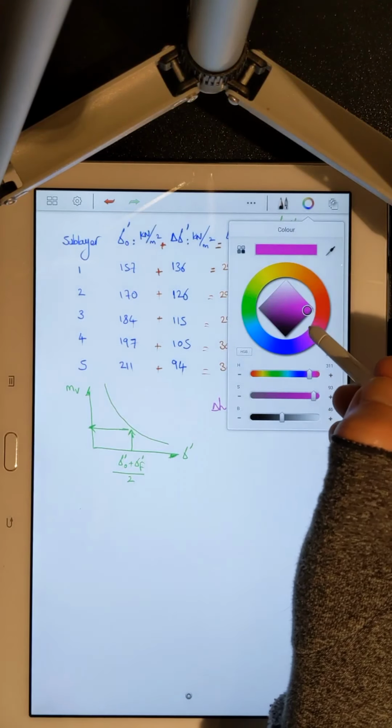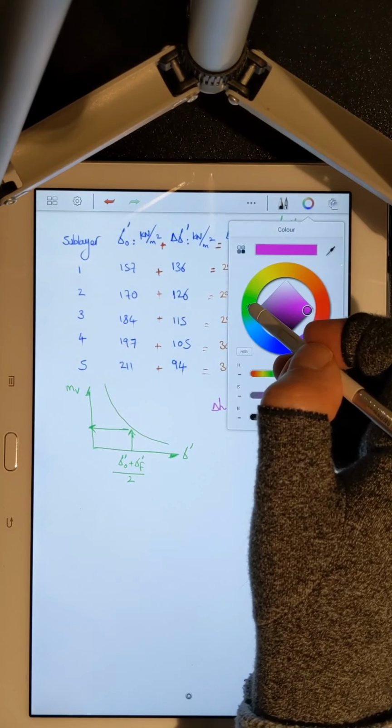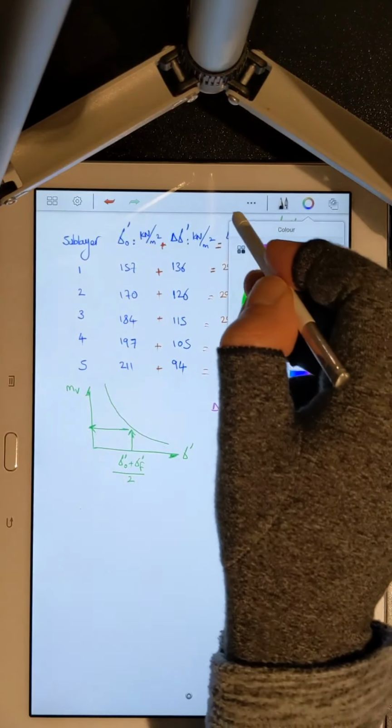Let me show you how each of these values match the values I have here.